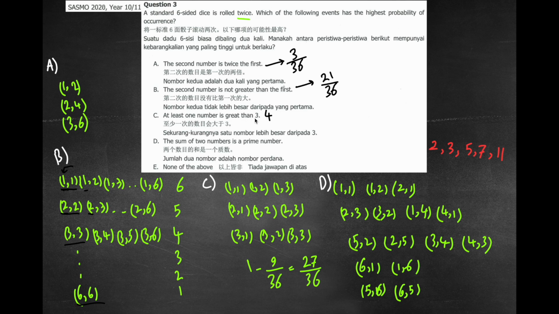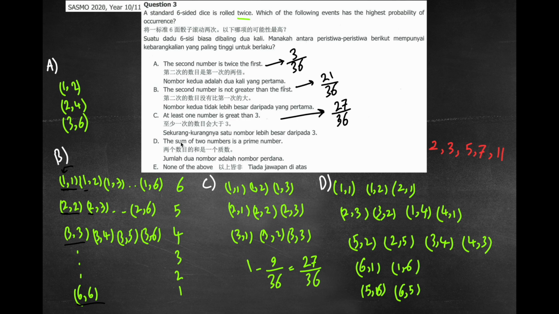So that means 1,1, 1,2, 1,3, 2,1, 2,2, 2,3, and 3,1, 3,2, 3,3. That's a total of 9, but this is what I don't want. Knowing that its probability is 9 over 36, you just have to subtract it from 1, and that gives you 27 over 36. So the probability for this part is 27 over 36.